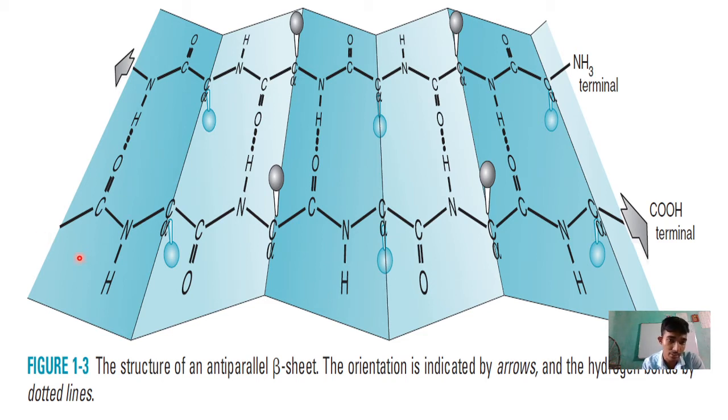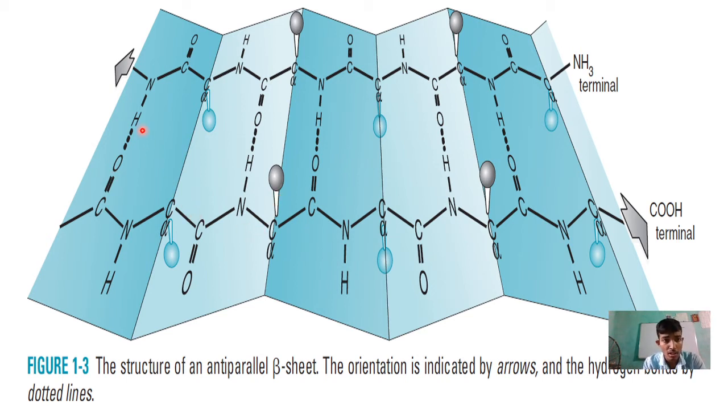In the secondary structure, the hydrogen bond is present between the NH and carbonyl group. So it is the same feature. Here two extended polypeptide chains are present, and they join together by hydrogen bonds between the NH and carbonyl groups.